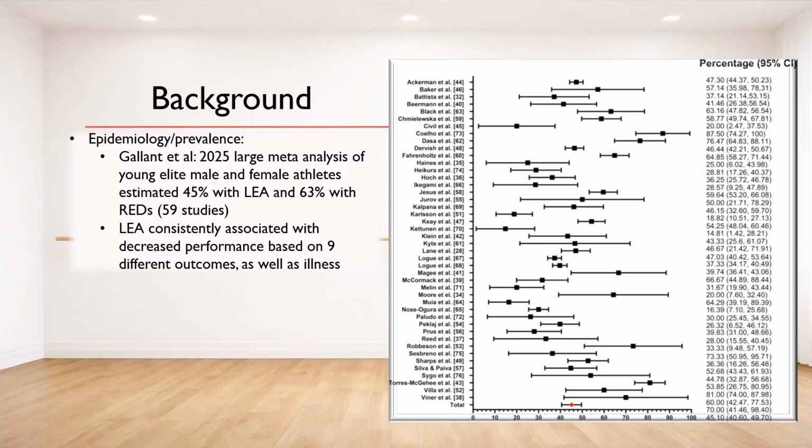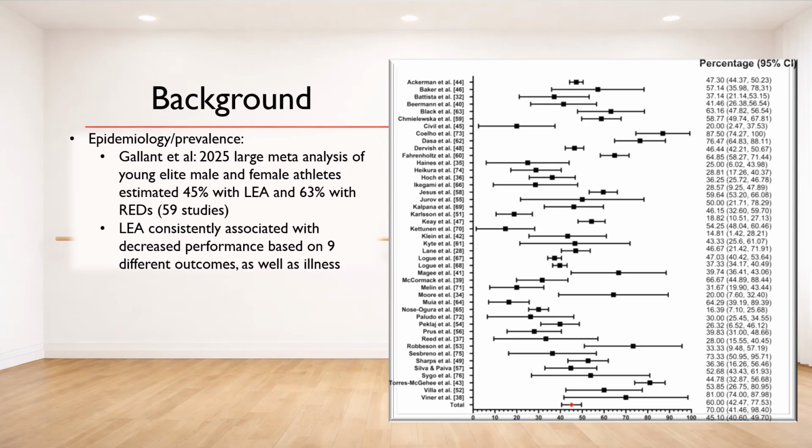Low energy availability in athletes in this study was commonly associated with many different aspects of decreased performance, including training response, endurance, coordination, explosive power, and agility measures. The athletes with low energy availability were also more likely to require absence from training related to illness.